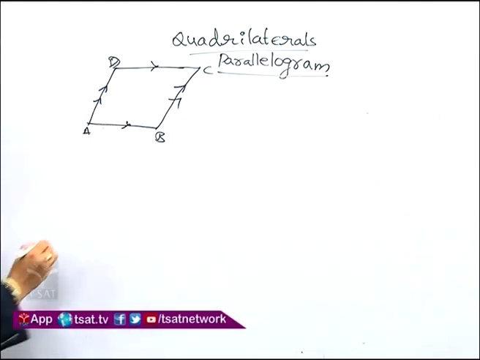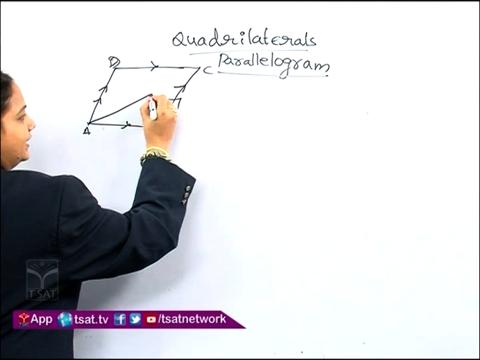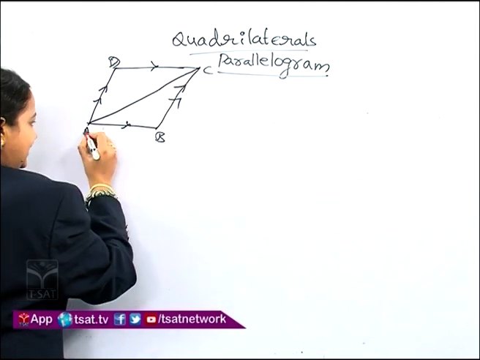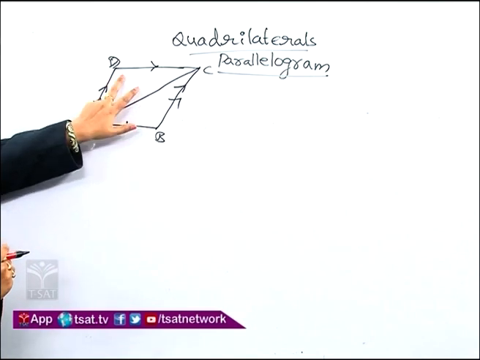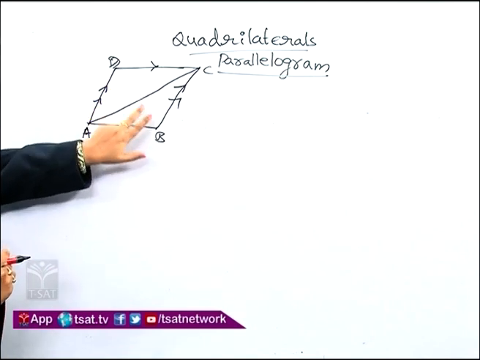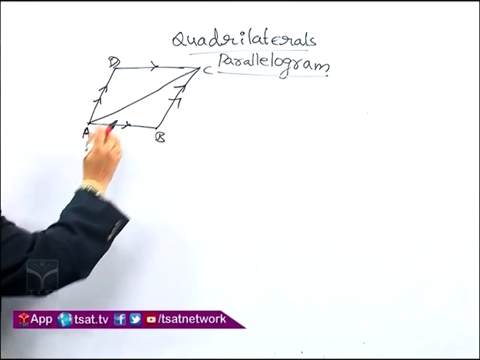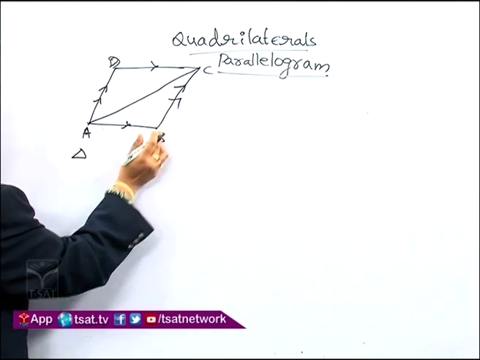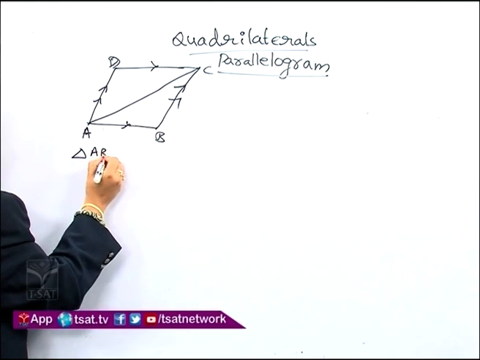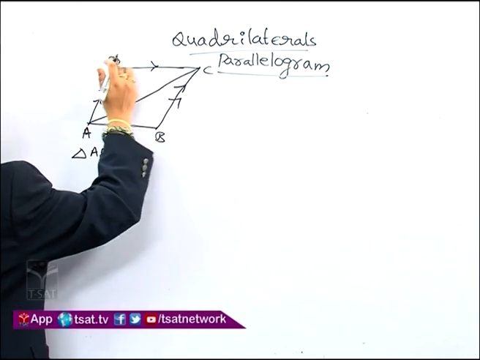In this parallelogram, if I draw a diagonal, I have drawn the diagonal AC. Look at the figure. This diagonal makes the parallelogram into two triangles, isn't it, children? So what are the triangles? Let's name the triangles: triangle ABC and triangle CDA.